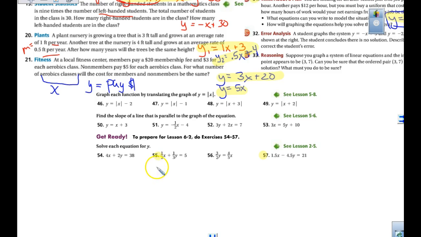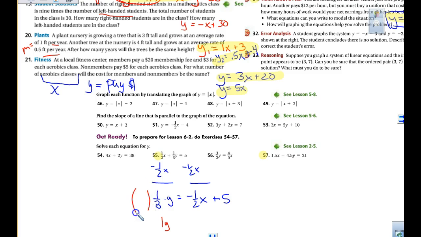But this one in 55, you are subtracting 1/2 x from both sides of the equation. If you didn't do this one with us, you would now have 1/3 times y is equal to negative 1/2 x plus 5. I don't want to have 1/3 times y. I want 1y. Now you could have divided by 1/3, but that gets a little ugly.